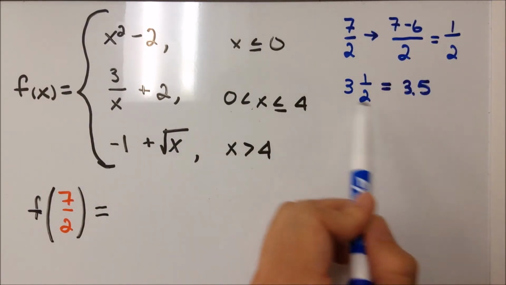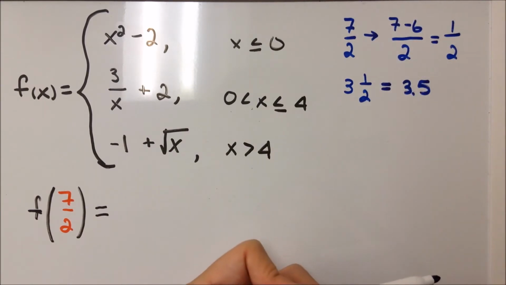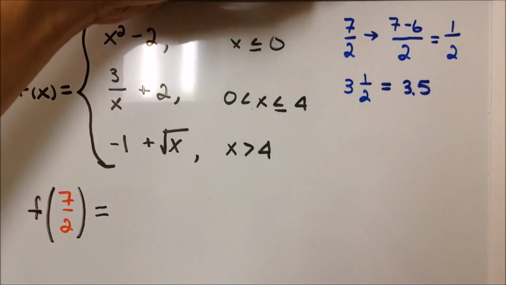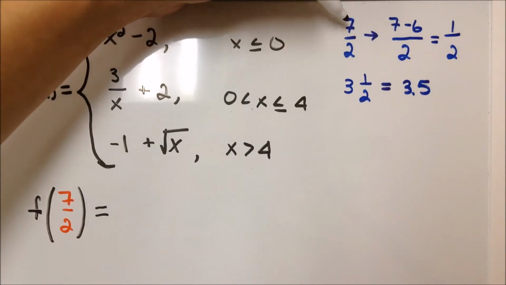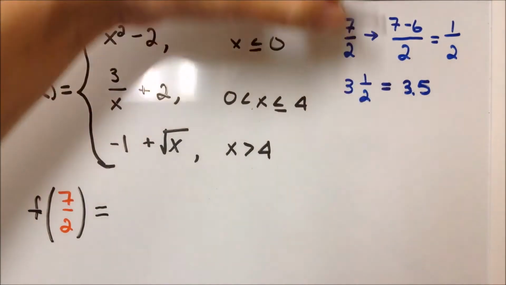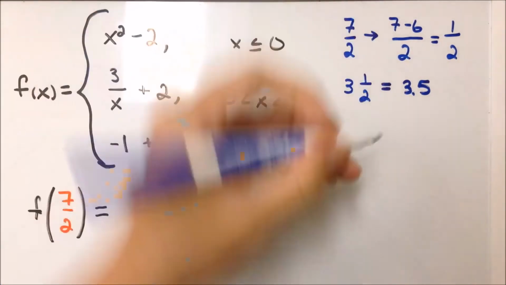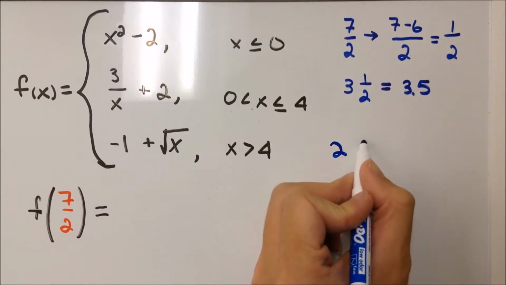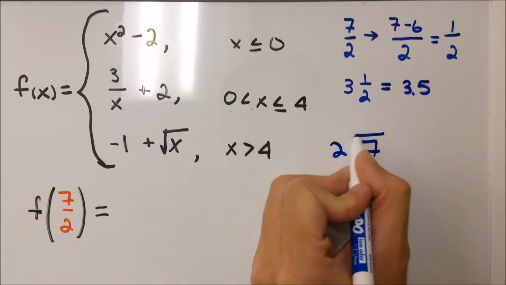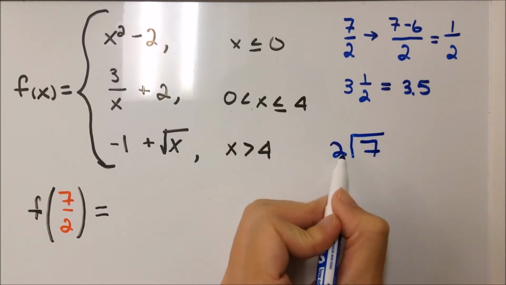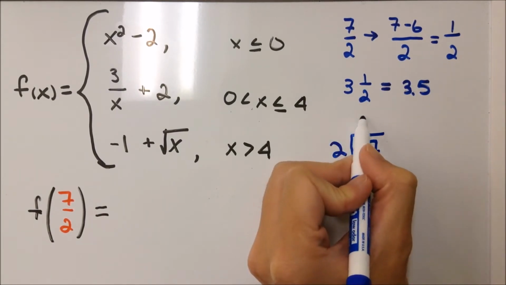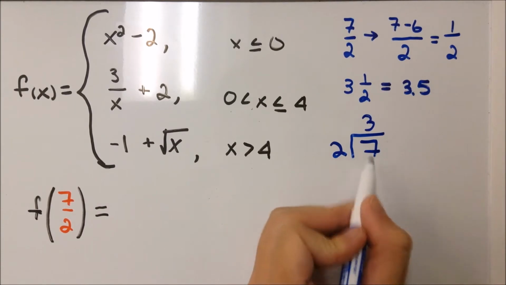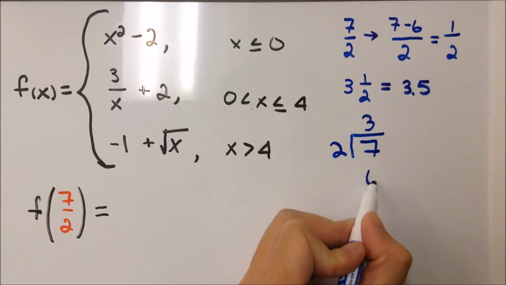But if you're not used to this method, we can use long division, just like in middle school. 7 is divided by 2, so the denominator goes outside and the numerator goes on the inside. So here's our long division. 2 can go into 7 three times. 3 times 2 is 6.